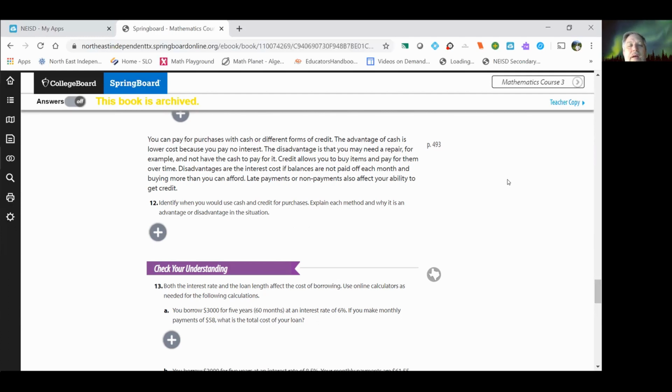Credit might be used for larger purchases, a TV, a car, things like that. And the advantage of that is you're getting an item that's more than you can pay for right up front, and you're able to pay it in smaller chunks, and you're able to retain money. Suppose you had $1,500 in the bank to buy a nice TV. You could pay it with that $1,500, but then now you don't have anything left in the bank for emergency purchases.